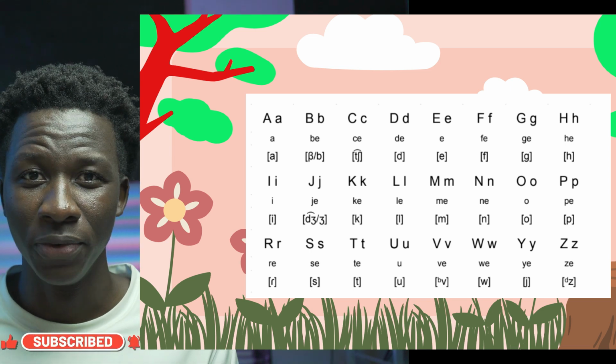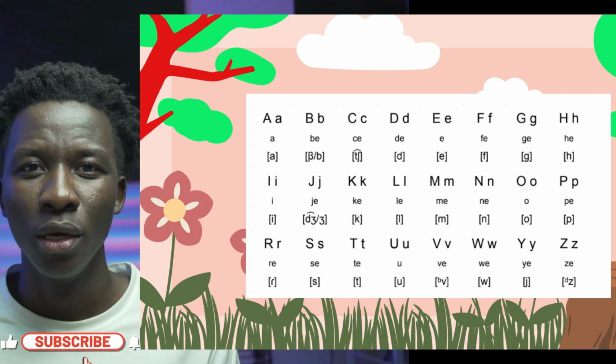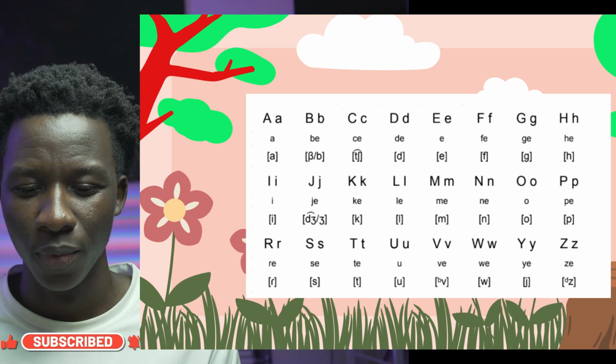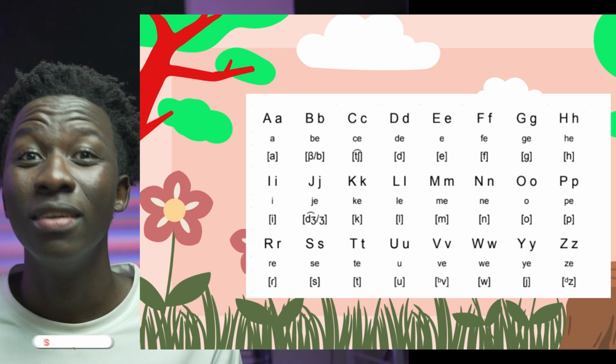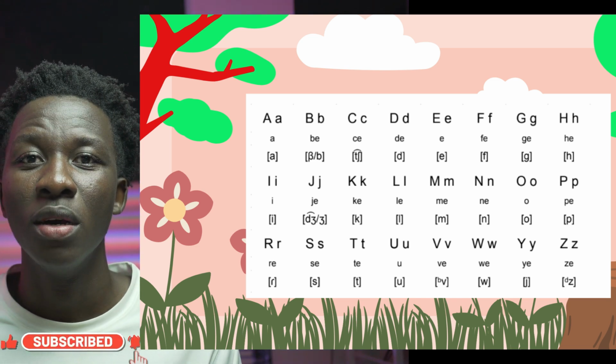In English we say U, but in Kirundi we say U. In English we say V, but in Kirundi we say ve.